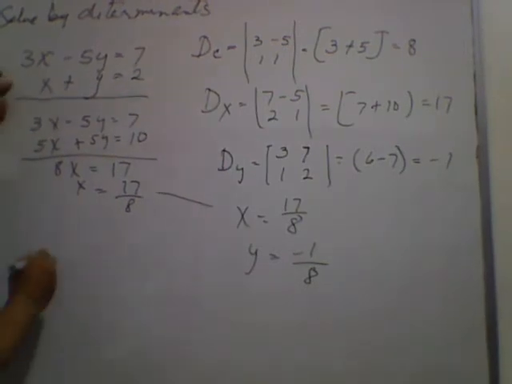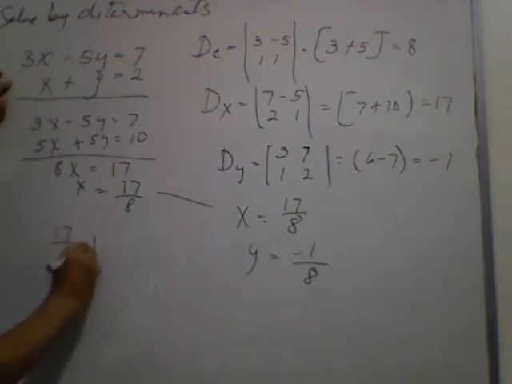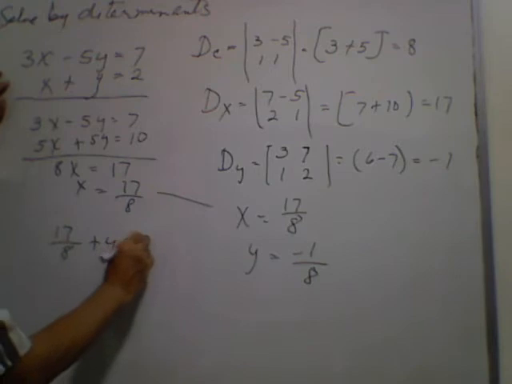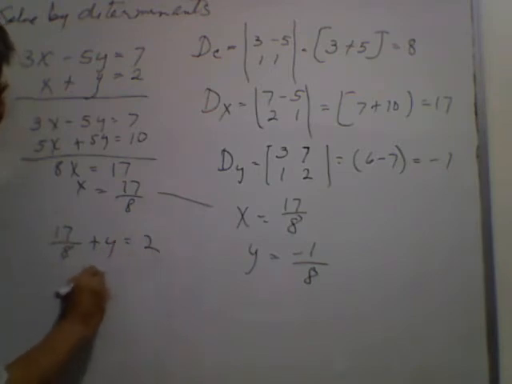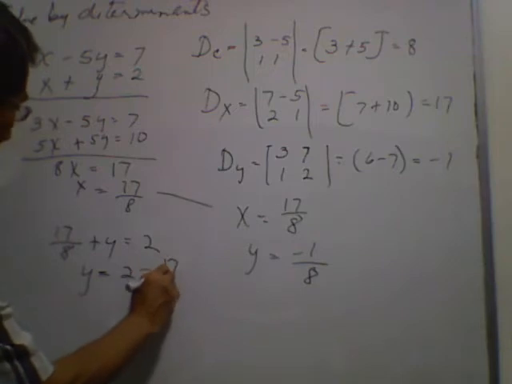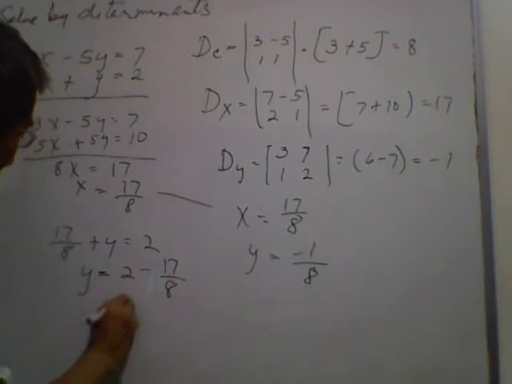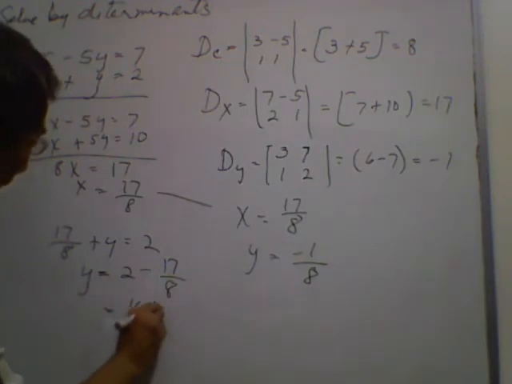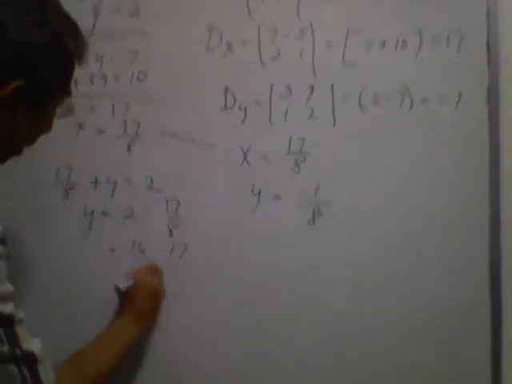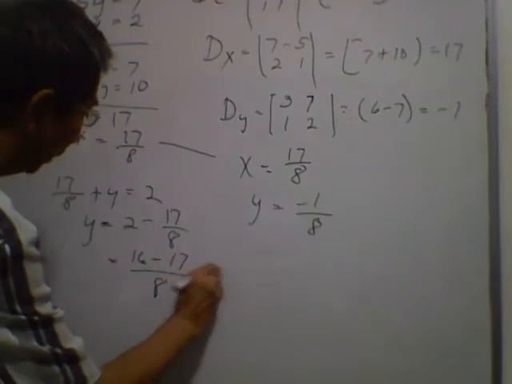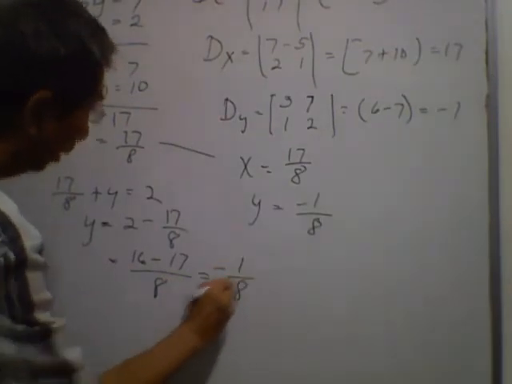For the value of y, we just substitute the value of x to equation 2. So 17 over 8 plus y is equal to 2, and y is equal to 2 minus 17 over 8, which is 16 minus 17 over 8, and that will be equal to -1 over 8.